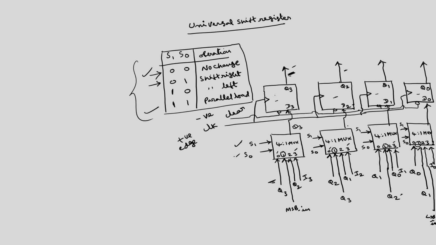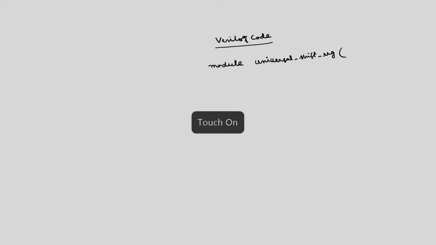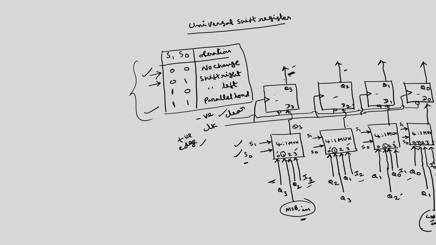Inputs are S1, S0, I3, I2, I1, I0, then MSB in, LSB in, then clear, clock. Here 2 inputs, here 4 inputs, here 2 inputs, here 2 inputs. So, totally I have 10 inputs. And the outputs are finally Q3, Q2, Q1, Q0, only 4 outputs.